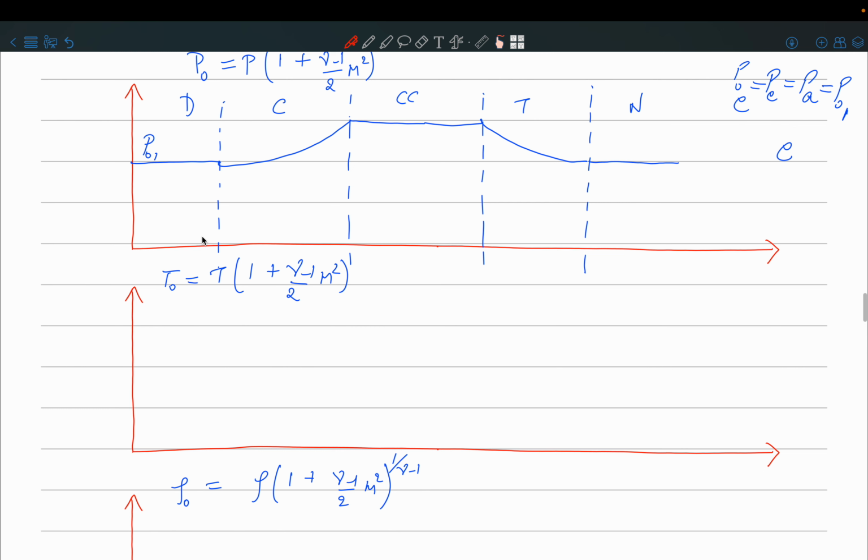Okay? Yeah. So now, that will come in the next plot, but let me first do the static pressure. So static pressure is going to increase in the diffuser, like it was answered earlier, but the increase is going to be small in the diffuser. In a compressor, the increase is going to be much higher.